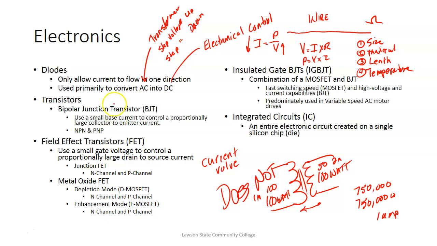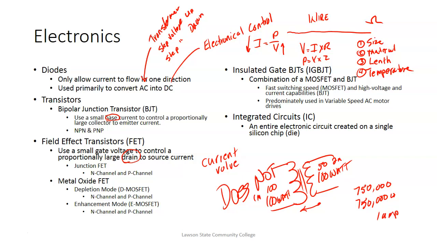So on a bipolar junction transistor, we use this guy right here to control the size of the valve. On FETs, we use this guy right here to control the size of the valve. The biggest advantage of FETs is they work really well in digital, because we can switch them on and switch them off faster than we can bipolar transistors.